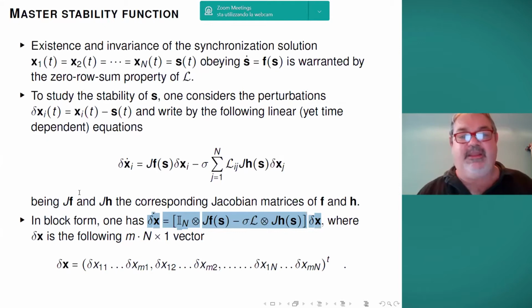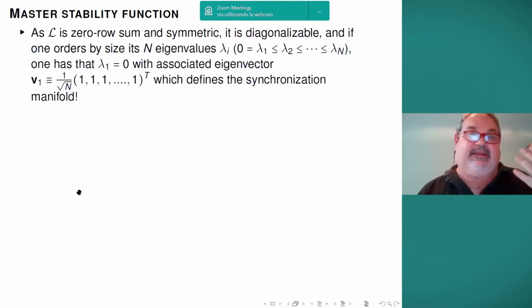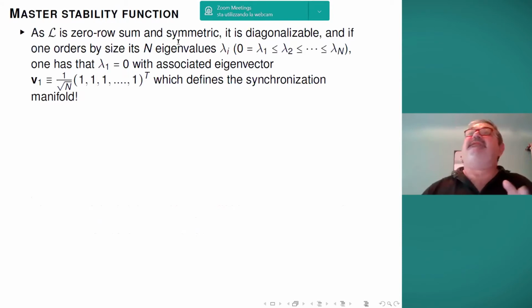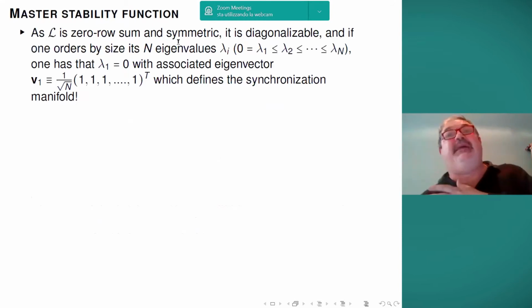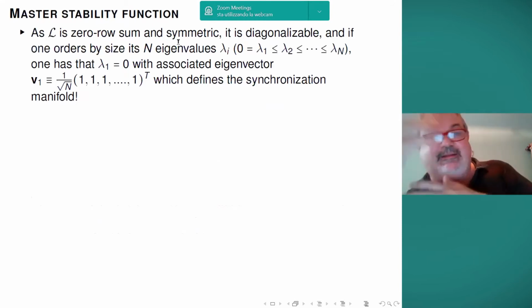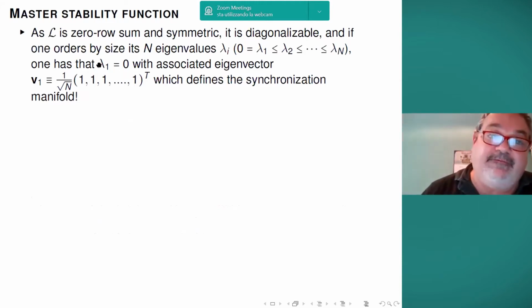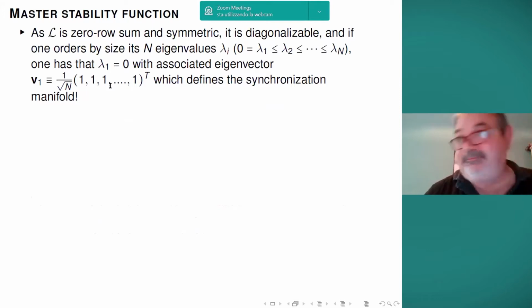And now the important point here is that L is a zero-row sum and symmetric matrix. Being symmetric, it is also always diagonalizable, and the eigenvectors form a basis of Rn. Being zero-row sum, the first eigenvalue lambda 1 is 0.